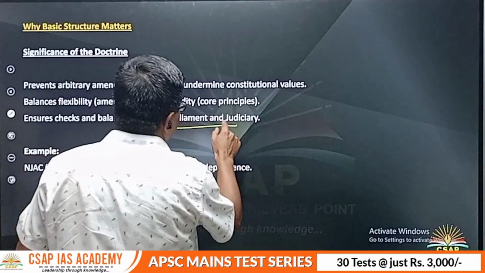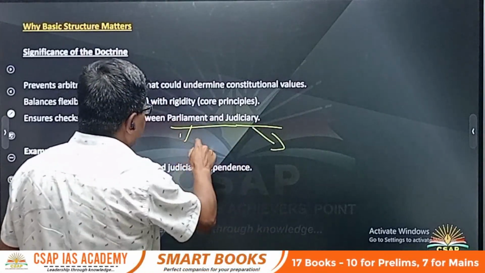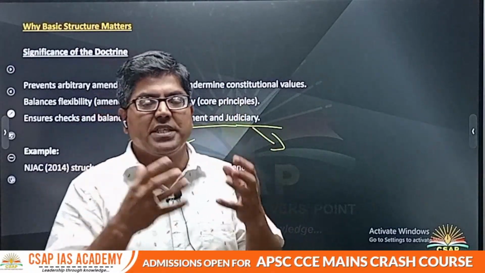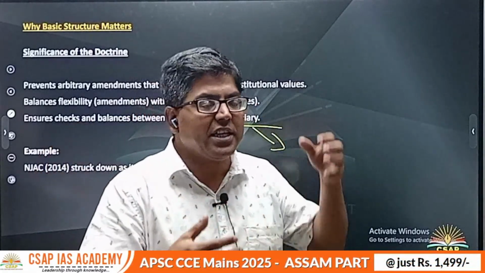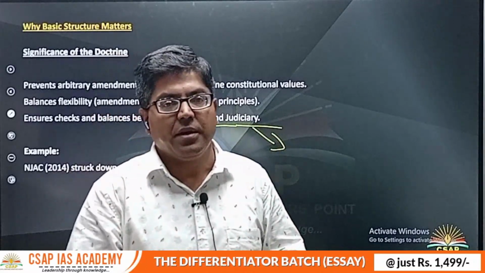So therefore it ensures basically checks and balances between parliament and judiciary, you see. So this tussle between the judiciary and the legislature, the parliament, right? How do you negotiate it? This doctrine of basic structure also tries to find a middle path in this conflict between the parliament and the judiciary, right?